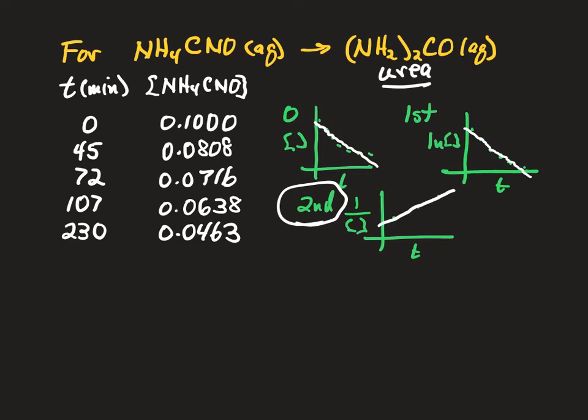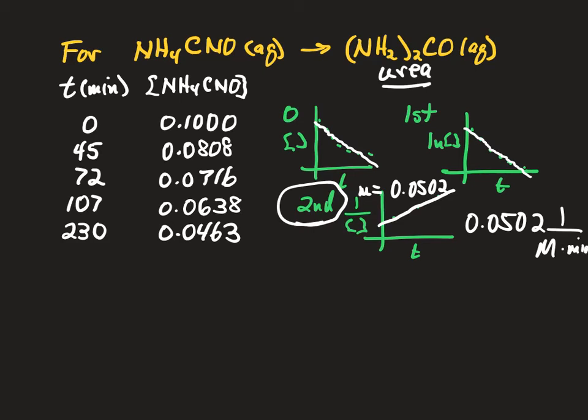And my slope was 0.0502. And the units of that slope would be per molar per minute.